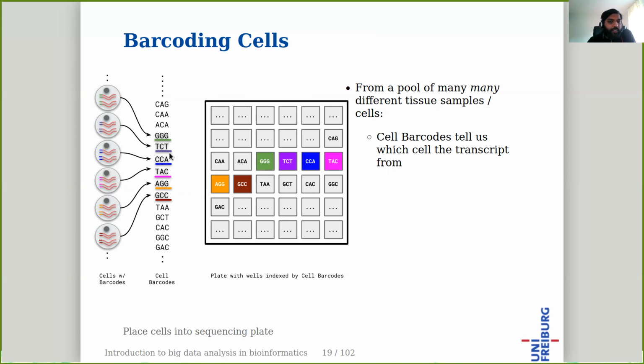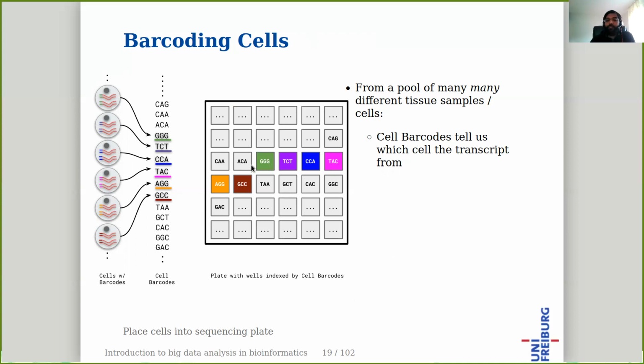And then when we sequence them in the end, we can easily distinguish that if a sequence is starting with GGG, even if it's the same sequence, even if it's a red transcript, this is from a different cell compared to this one, which is starting with CCA. So what is done here is we have a plate with wells indexed by the barcode.